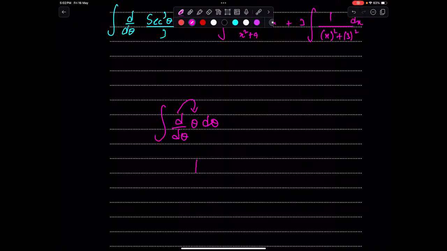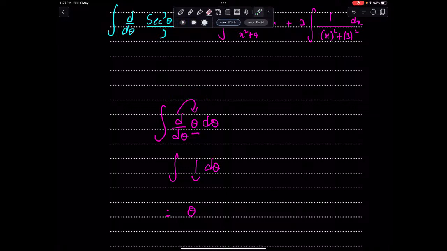The differential of theta is 1. And then when we integrate 1, we get theta. So if you differentiate theta, you get 1, and if you integrate 1, you get theta. You get the same thing.